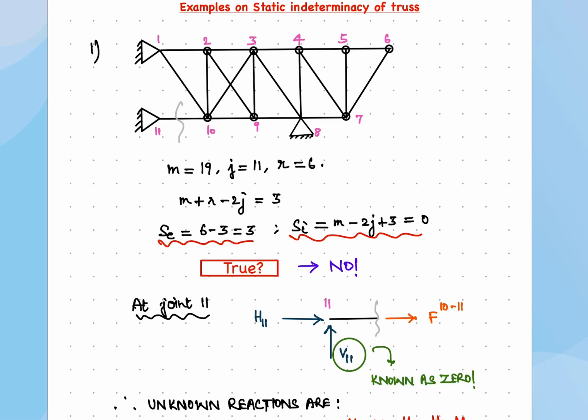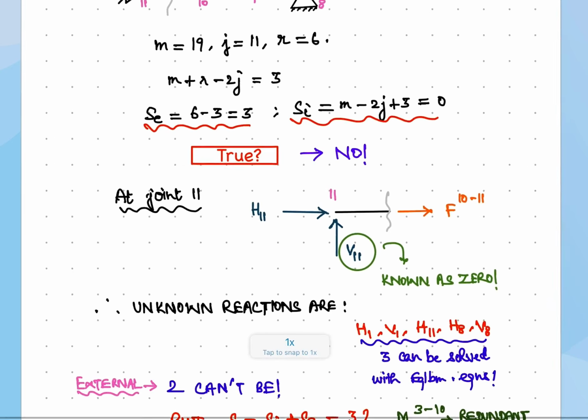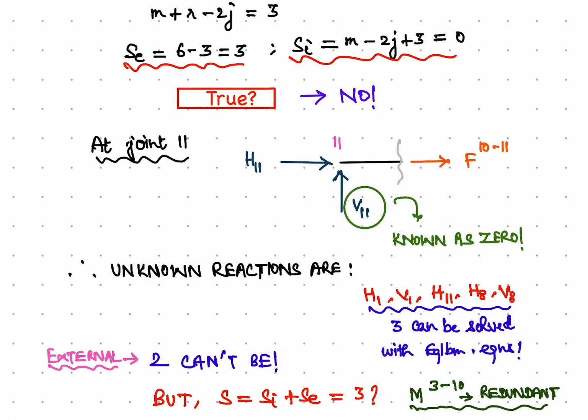All right. So if we consider all the support reactions that develop at joint 1, joint 11, and joint 8, out of these 6 support reactions, only 5 are unknown because this support reaction is always known to be 0. Fine. So I have summarized here the support reactions at joints 1, 8, and 11. I didn't give 6 of them. I am just indicating only 5 of them because one among them is 0 as I have just told.